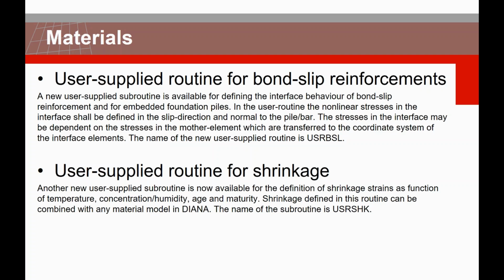So when the pile is going, for instance, right, left, and it compresses and bonds and debonds with the surrounding soil, you can capture that loosening and dissipation of energy. And the other one is related to the effect of creep and shrinkage and the contribution of the concentration of humidity, age and maturity in the concrete structure.